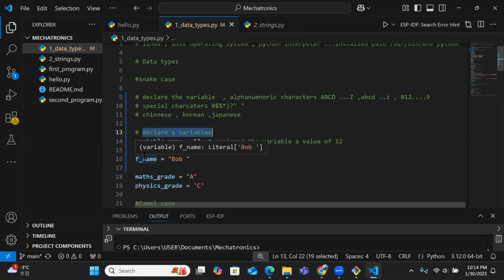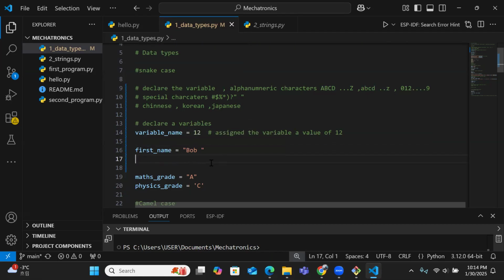If I tell you to declare two variables, first name and second name, you'd say first name and then second name is Afuata, like that. By doing this, you have declared the first variable, and this, you have declared the second variable.